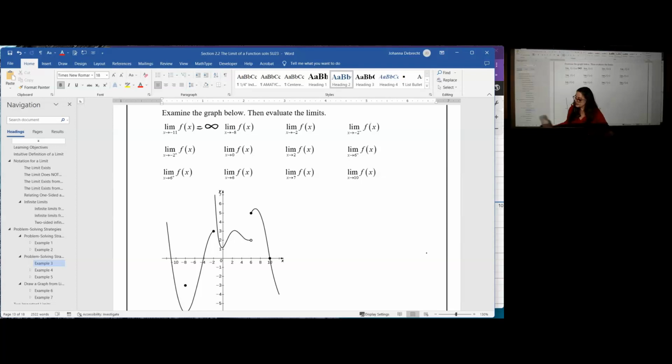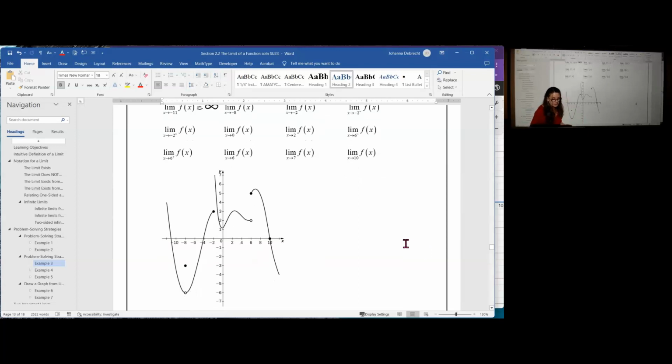Now let's go ahead and take a look at the limit as x approaches -8. As x approaches -8, we have -8 down here. Notice that it is actually defined at this point here. We have a displaced point. We have a hole in the graph at this point, but it's actually defined up here at -3.